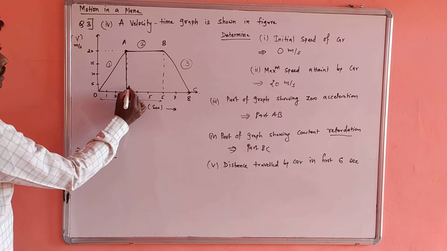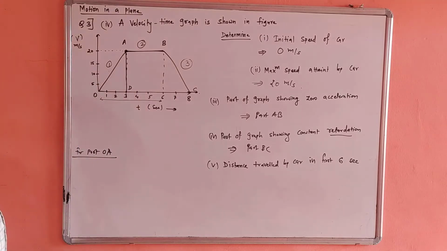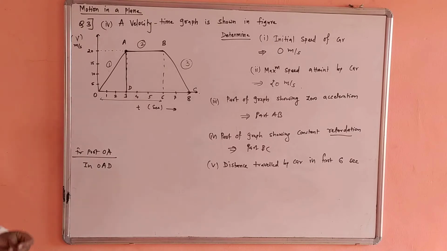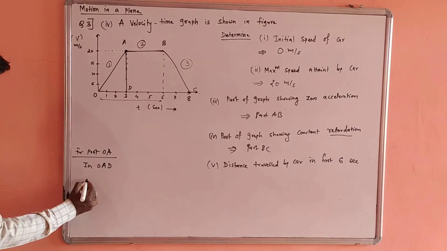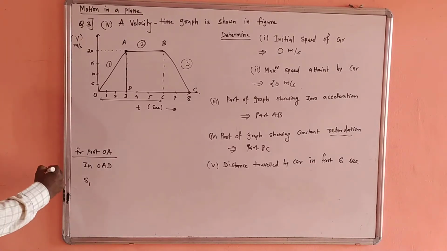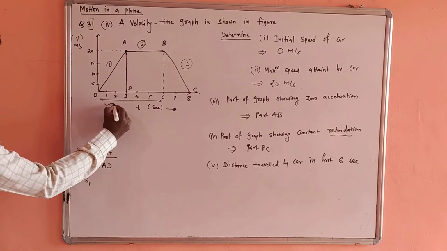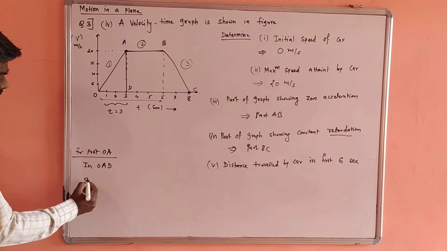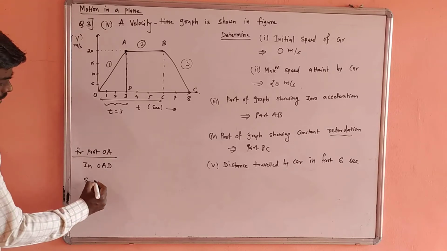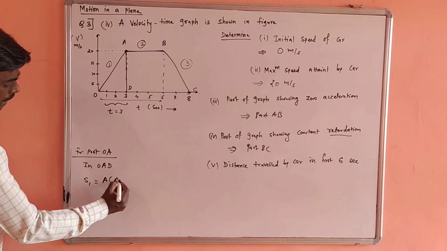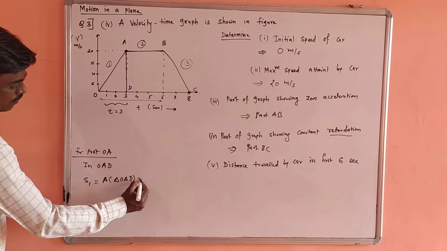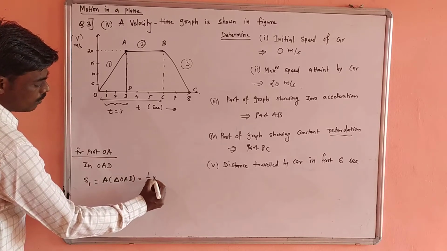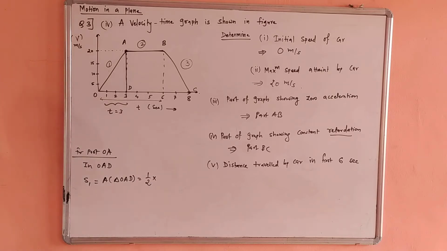OA, let it be D. So in triangle OAD, distance, I will say S1, first distance, and this time interval is 3 seconds. So distance S1 is equal to area of triangle OAD, and it is nothing but half base into height.